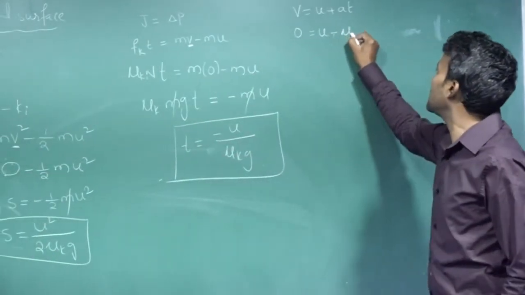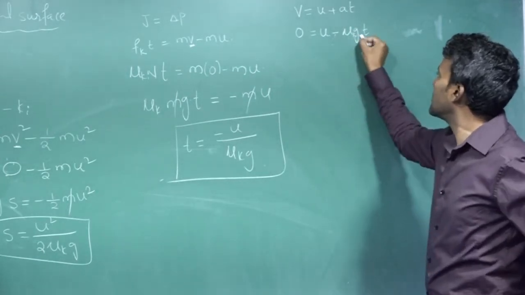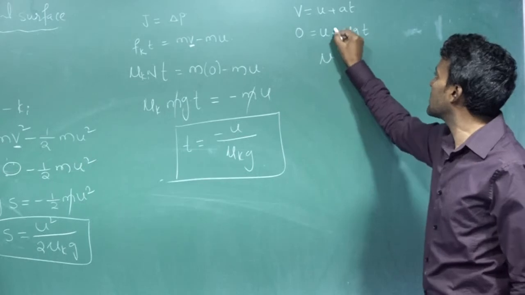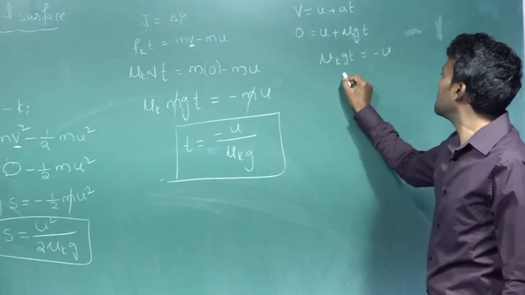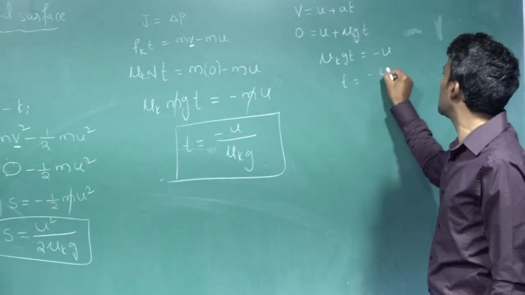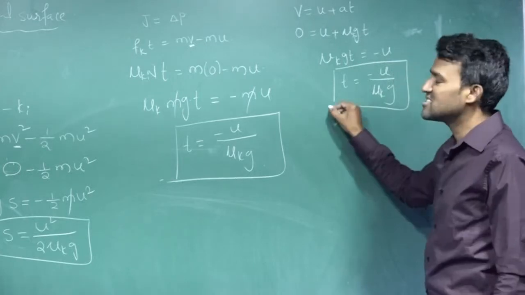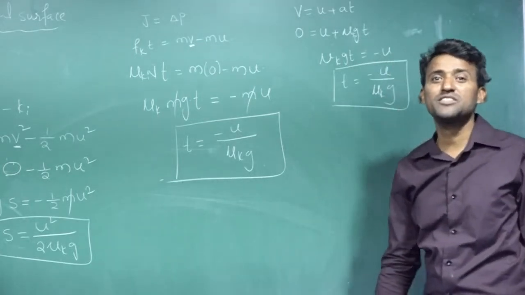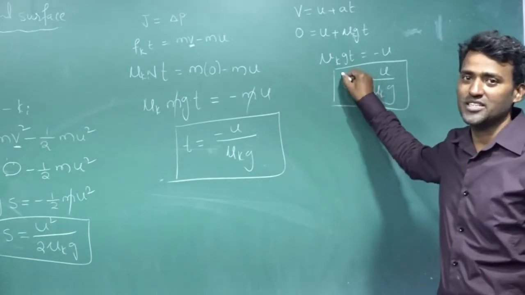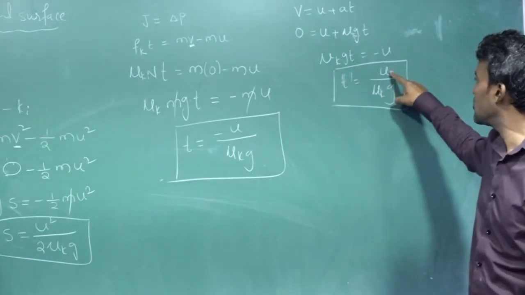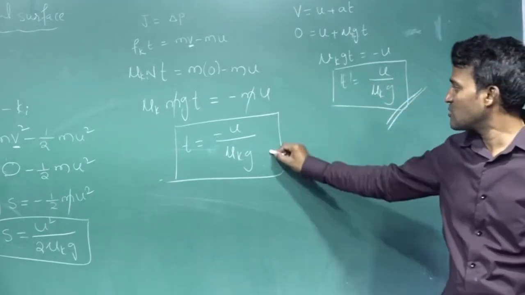So mu k g into t, if I take this side, is equal to minus u. Then t is equal to minus u divided by mu k g. The minus indicates the opposite direction, but time is a scalar quantity, so we take the modulus. We get u divided by mu k into g. This is the time. Both formulas are the same.